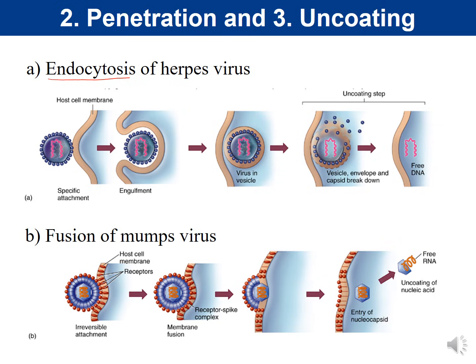And now they can have uncoating, and it's going to take off its protein coat, release the capsid, and now we have the free nucleic acids. One of the things that's interesting to note is that when it does fusion, it leaves proteins on the surface of the cell.